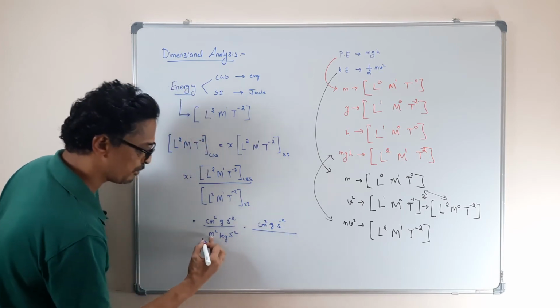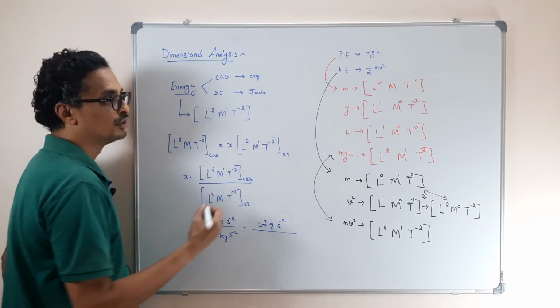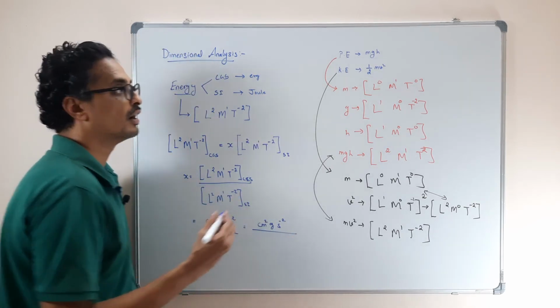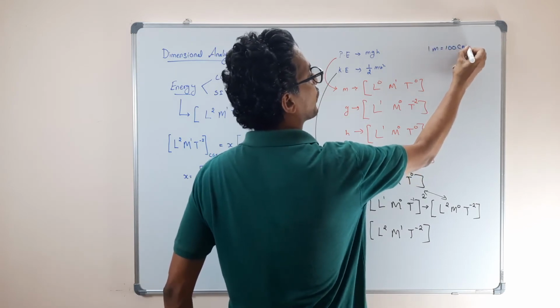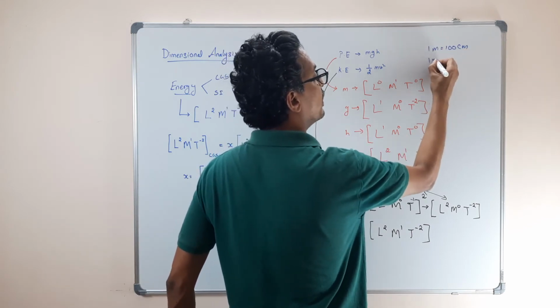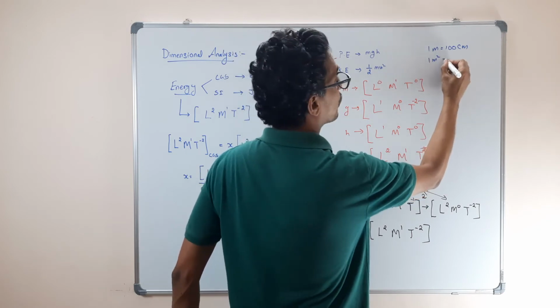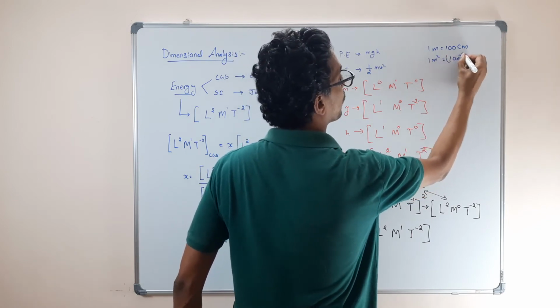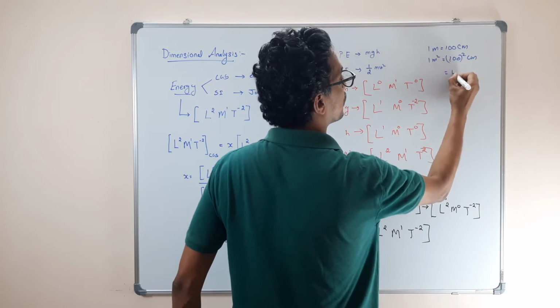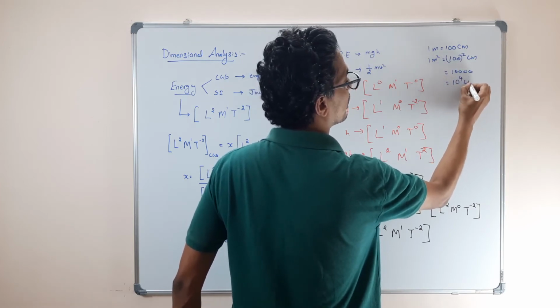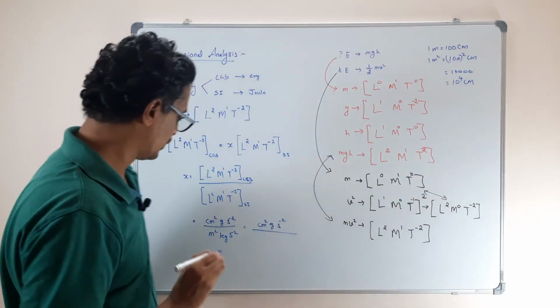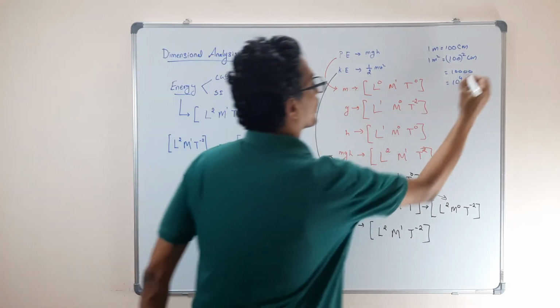Meter square will be how many centimeters? 1 meter equals 100 centimeters. So 1 meter square will be 100 to the power of 2 centimeter square, that's equal to 10,000, or I call it 10 to the power of 4 centimeter square. Sorry, centimeter square.